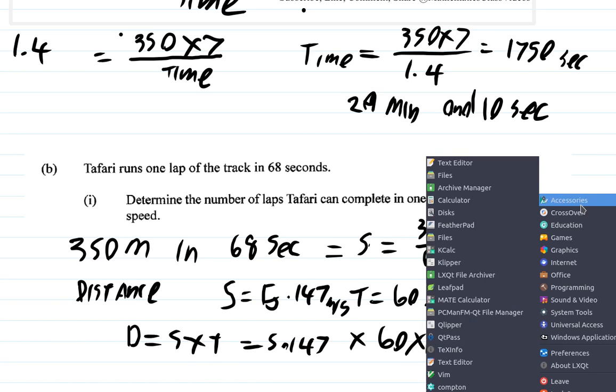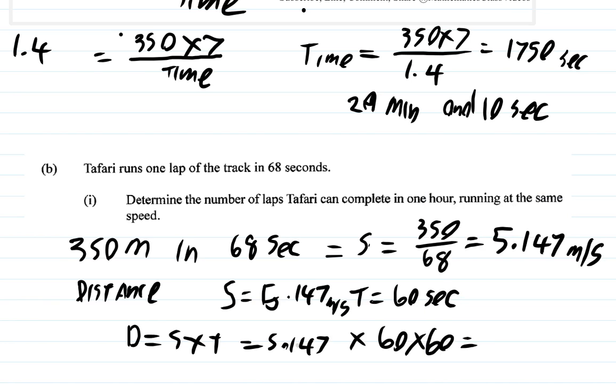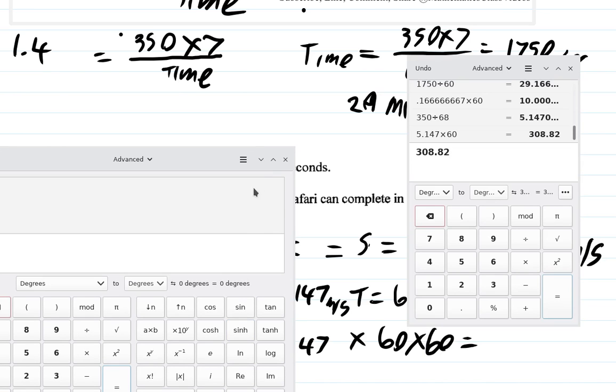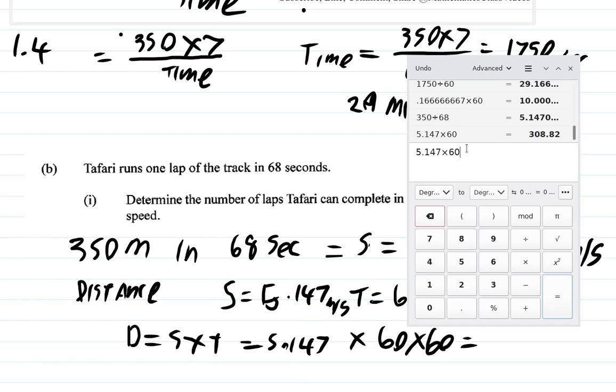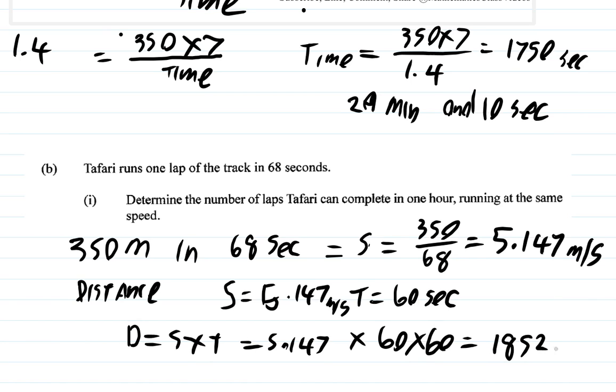So let's look back at our calculator again. So I multiplied the 5.147 by 60. I must multiply it by 60 again. Equal 18,529.2 meters.